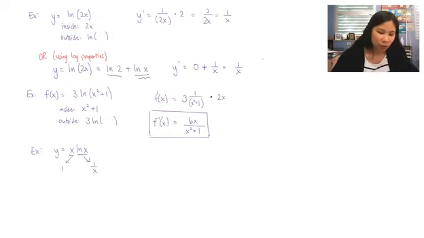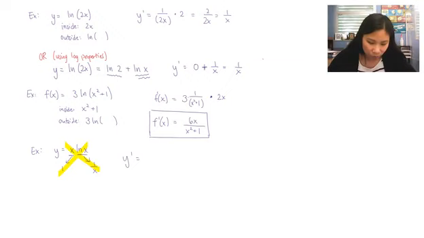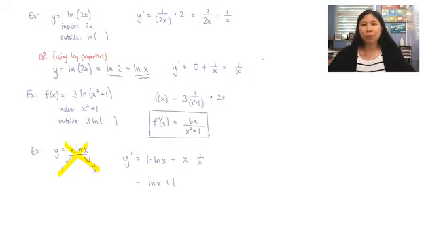So product rule, we're doing our little cross multiply thing. Here we go. So y prime equals 1 times the ln x plus x times the 1 over x equals natural log of x plus 1. Cool. That wasn't so bad.